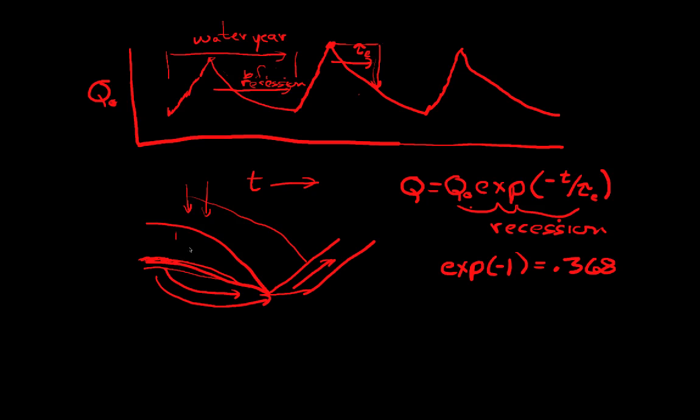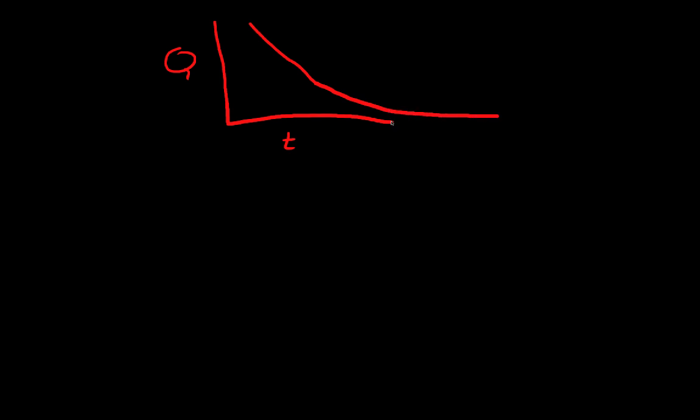Furthermore, exponential equations have nice properties, and I'll wipe this page and point out that whenever you have an exponential curve, this curve keeps on getting smaller, fractionally decreasing, closer and closer to 0, but never quite getting to 0. Even though it never quite gets to 0, the area under this curve is well defined.